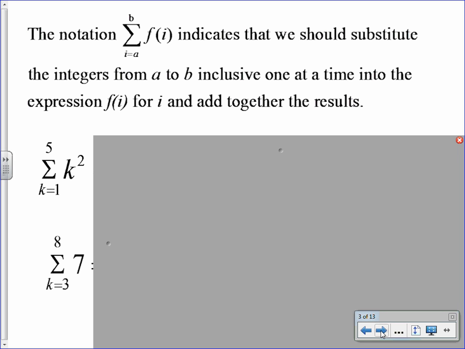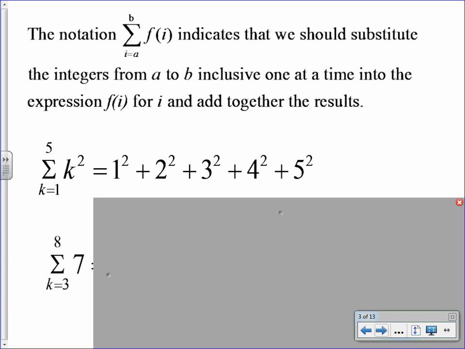That's 1 squared plus 2 squared plus 3 squared plus 4 squared plus 5 squared. Yeah, 55.